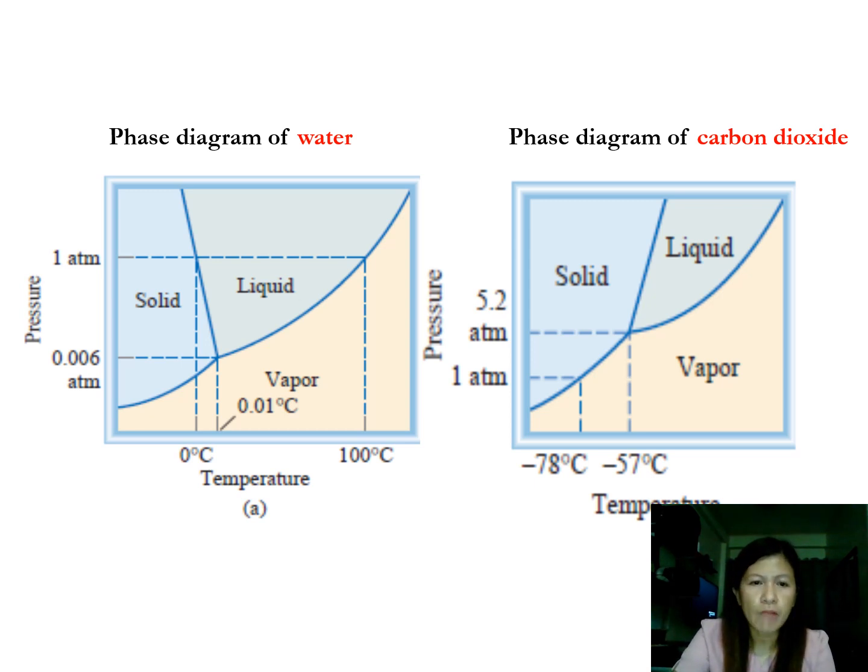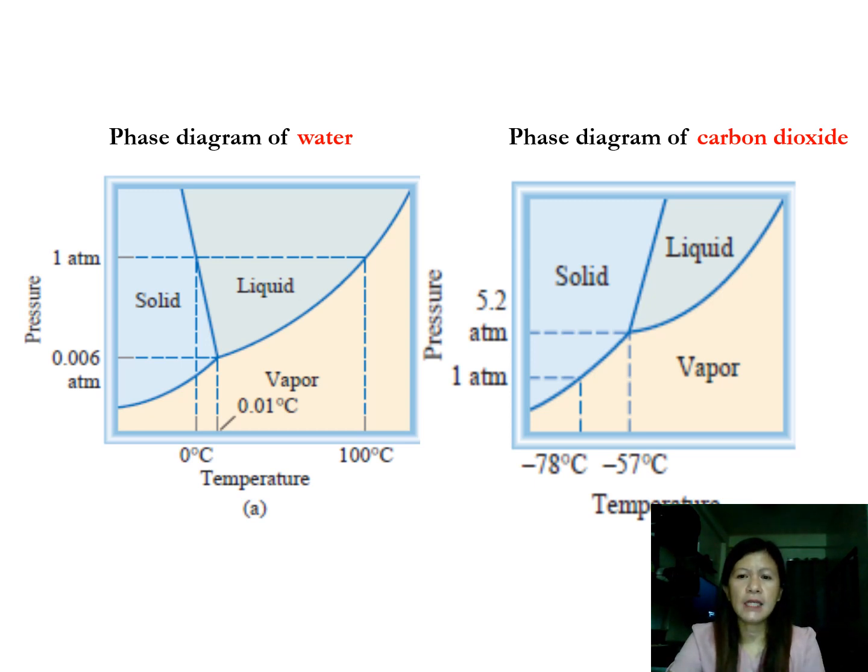Okay. So notice here, at normal conditions, 1 atm and 0 degrees Celsius, water is in the solid phase or in the solid state. At 100 degrees Celsius and 1 atm, water is at liquid phase. Okay?